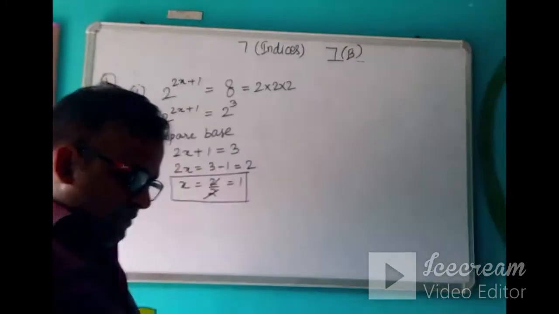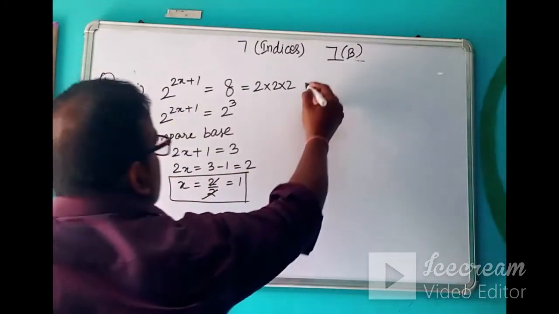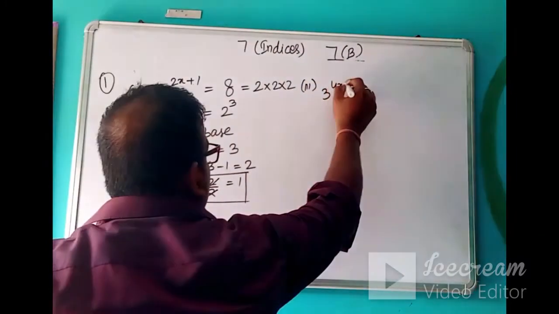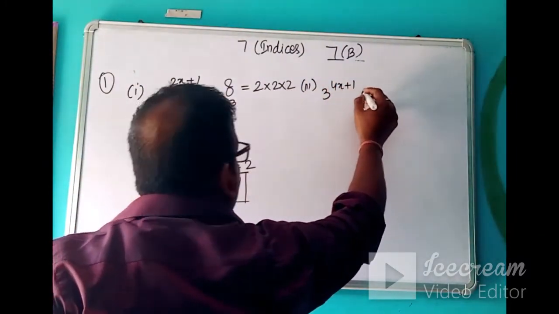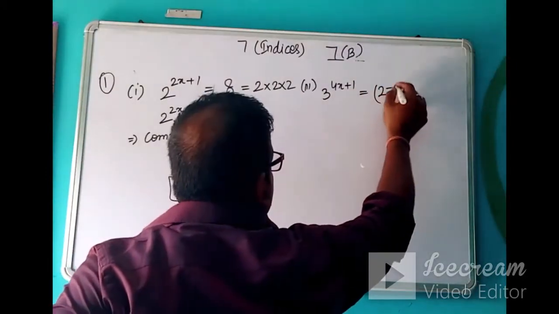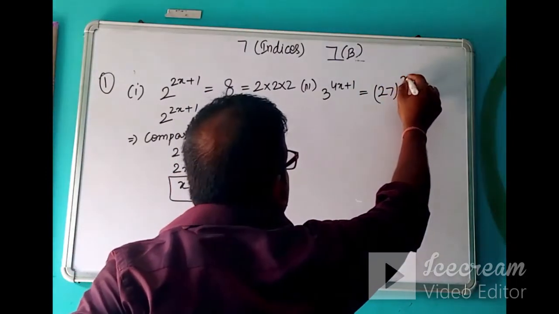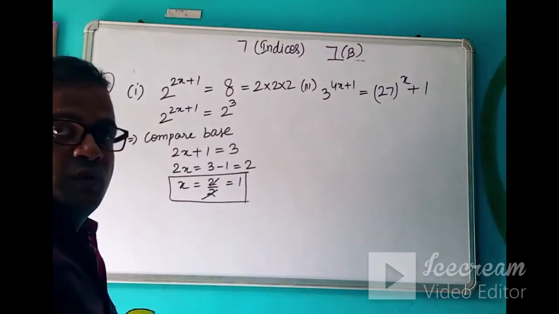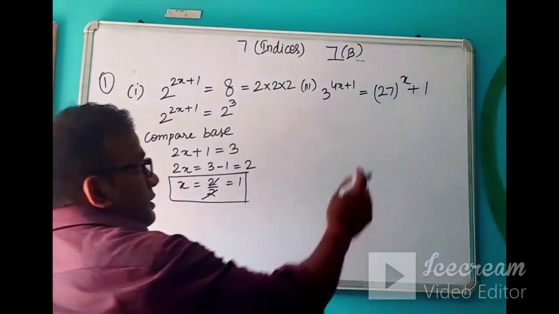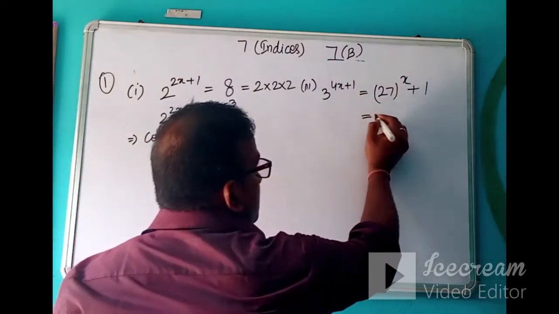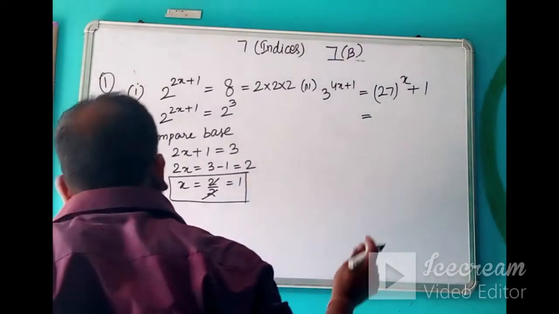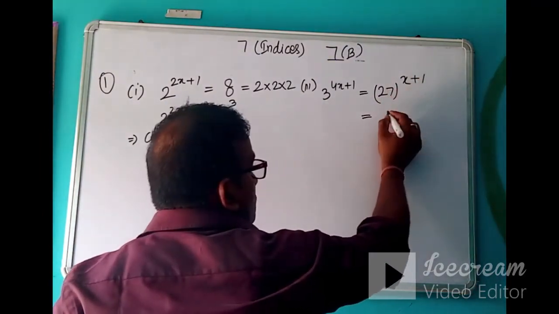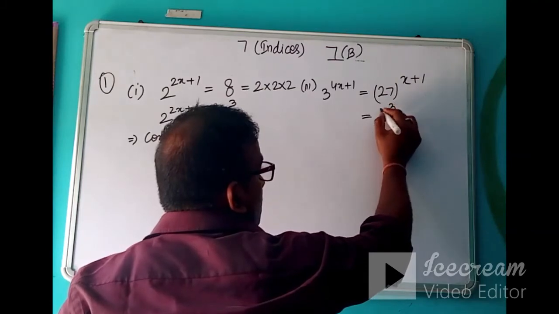One more question, to make yourself clear: 4 to the power x plus 1 equal to 27 to the power x plus 1. Now what we will do? First we will make the base the same. This is 27, so we will write 27 as 3 cube.